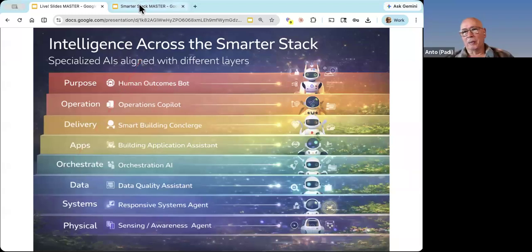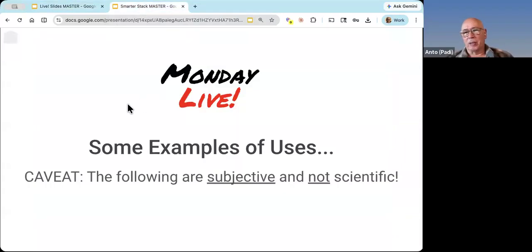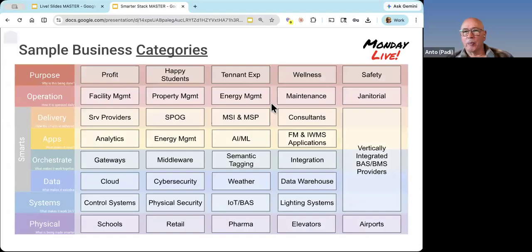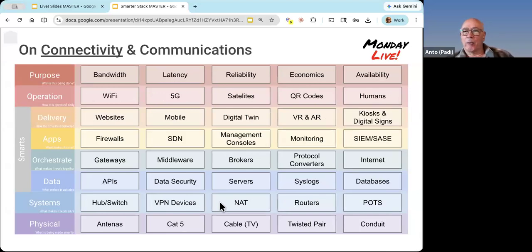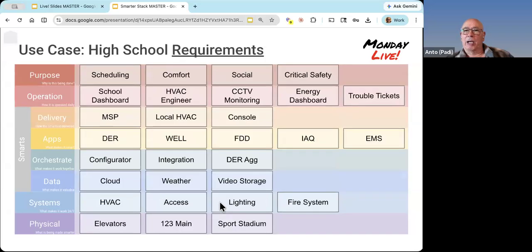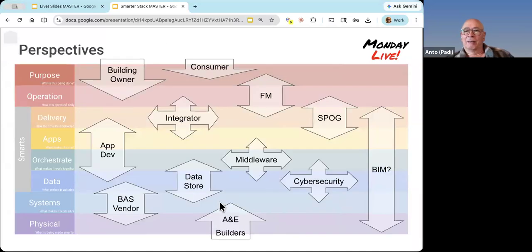Yeah, just as a reminder, I'm going to scan through some of these examples. We were using this in very different ways. We're using it in terms of identifying categories, but at some point we're talking about things like where roles exist. So an integrator would most likely be in delivery, somebody that is comfortable in the delivery layer.